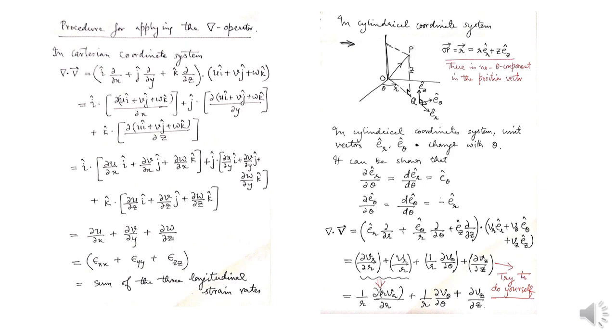The radial vector is along the r coordinate, which is basically the length of the projection of OP in the horizontal plane, which is OQ, and e theta is the unit vector in the theta direction, which is normal to e r and in the direction of the angular coordinate theta. Since theta is being considered in the sense shown in the figure, if you look from the top, it is the anti-clockwise coordinate from the reference line.